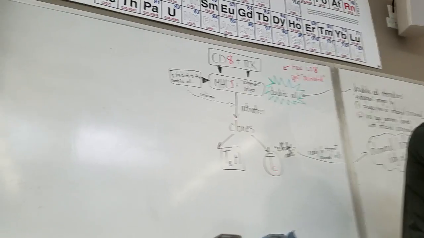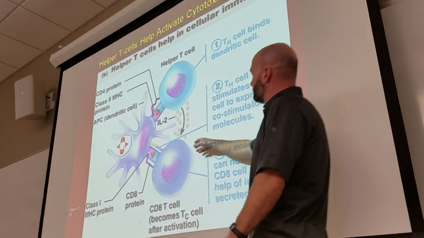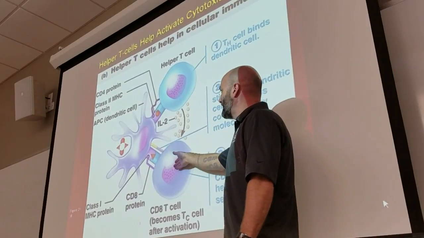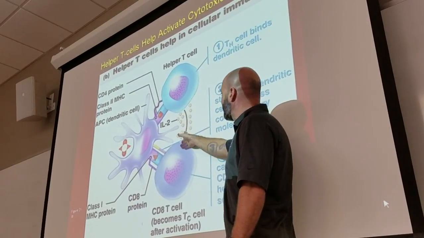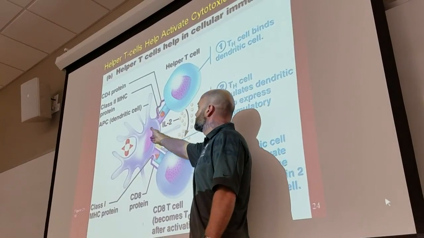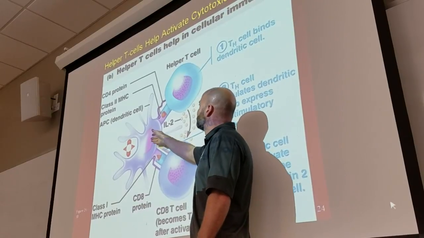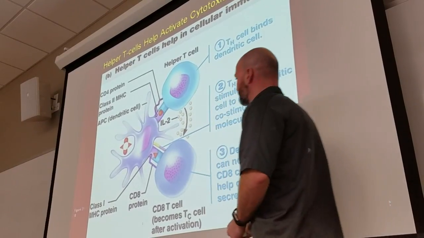And the class 1 is being used to interact with the CD8. But that's not enough to activate it, right? You need chemical stimulation from the helper. So the helper is also interacting with that same dendritic cell at the same time, using the class 2.